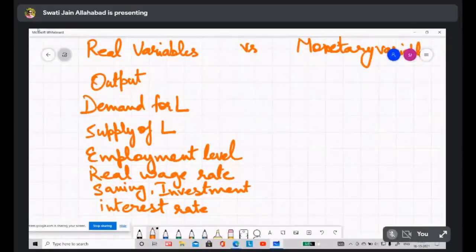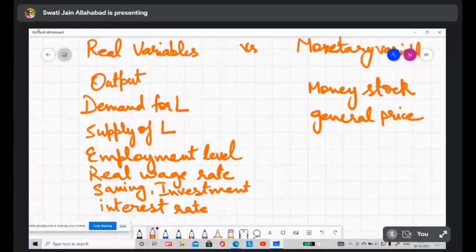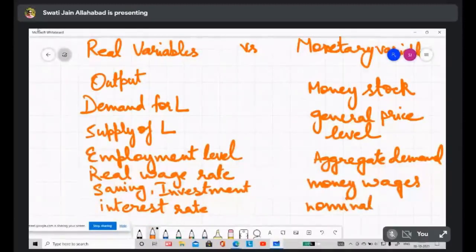When you talk about monetary variables, it means money stock or the money supply, general price level, aggregate demand, money wages, nominal interest rate, okay, so these are monetary variables.